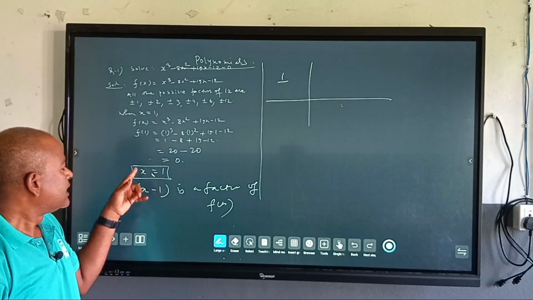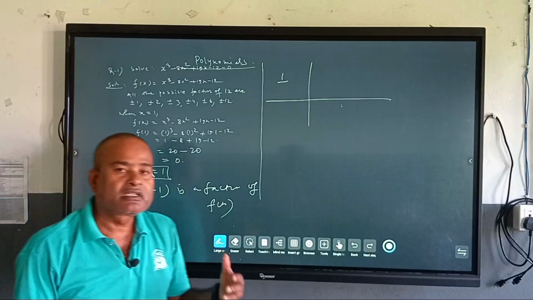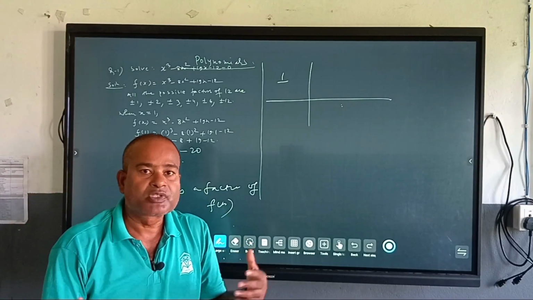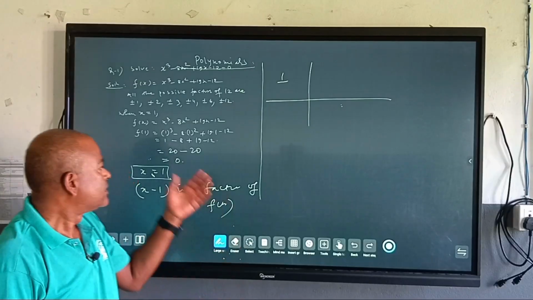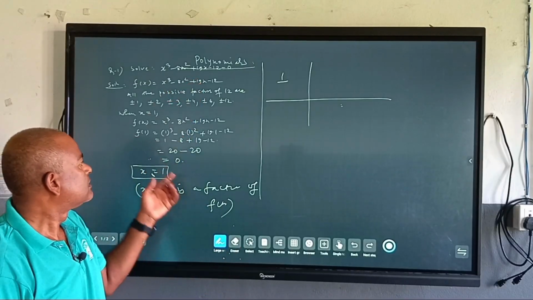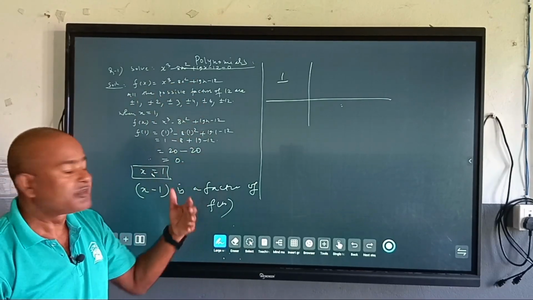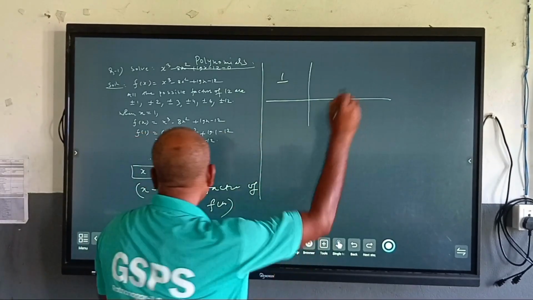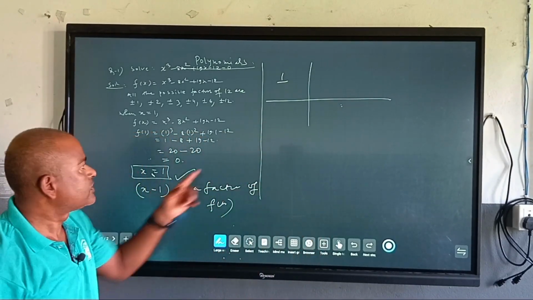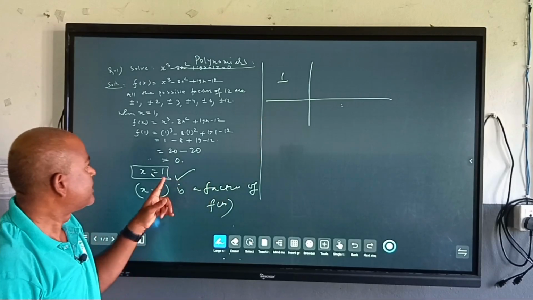That means x equals 1 is one of the solutions, or we can say one of the roots of the given polynomial. So we'll now divide f(x), the given polynomial, by 1.